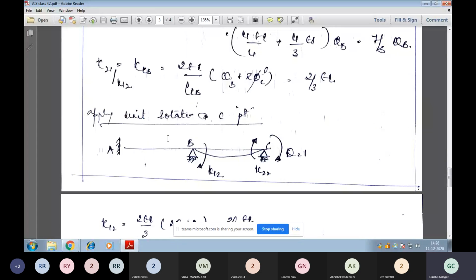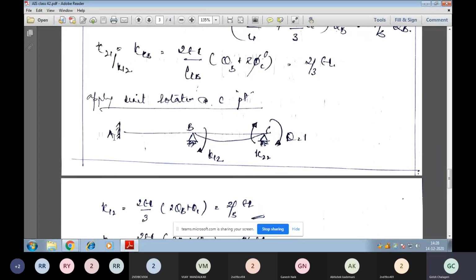Similarly, a unit rotation is applied at joint C. You can see the member here, ABC. We are applying a unit theta equal to 1 at joint C. For this, the rotation in the members will be in this fashion. Due to the applied unit rotation at joint C, we get the stiffness in member CB as K22, and at B it will be K12.